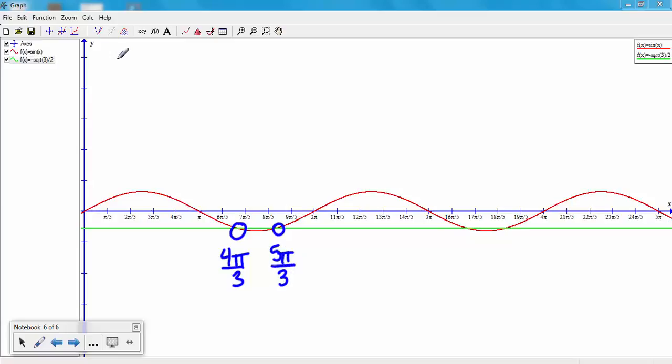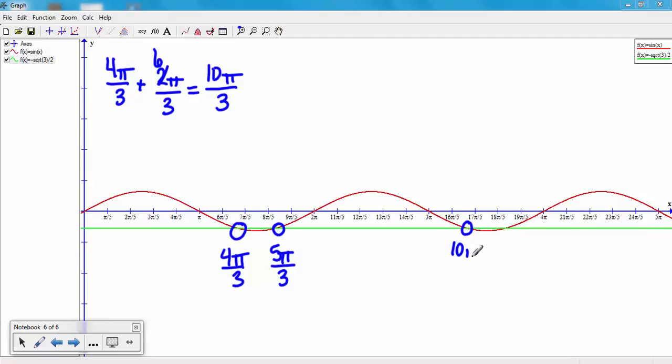If we have our first solution, 4 pi over 3, and I add a multiple of 2 pi, I would have to get my common denominator. That's going to give me 10 pi over 3 as my next solution, and right here is that 10 pi over 3.